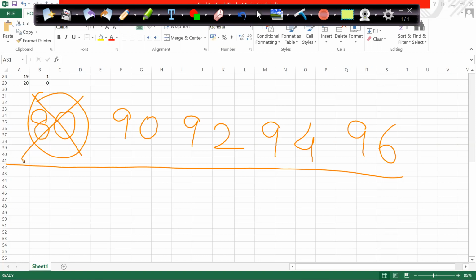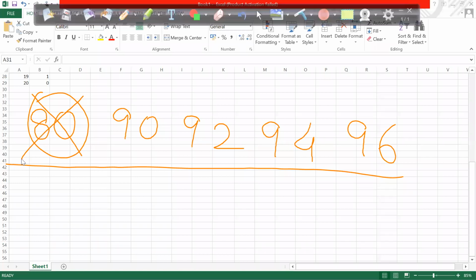So basically I have 5 players, they scored something. I will take the numbers. So let's say I have 5 scores: 80, 90, 92, 94, 96. And I'll take all the numbers.